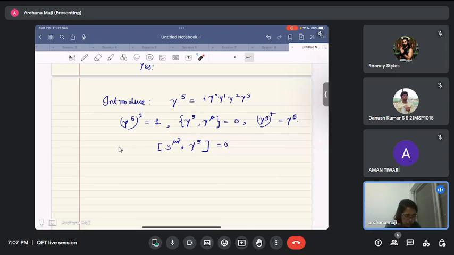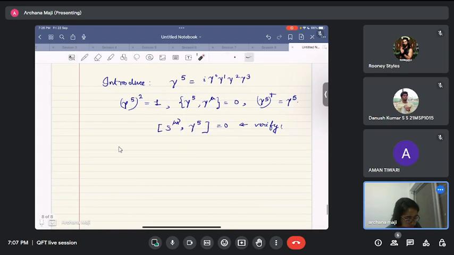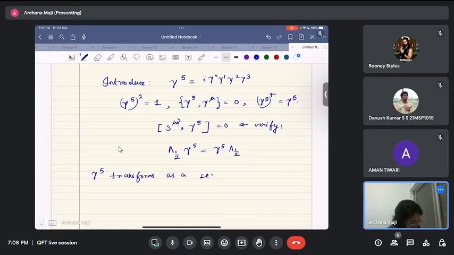I won't be deriving it because I will not have time to do the quantization. So you can check this by yourself. It's easy to check. Just verify it. So this shows that gamma 5 actually commutes with that lambda half matrix. So gamma 5 transforms as a scalar under Lorentz transformation.